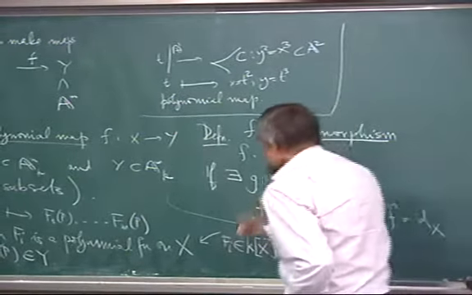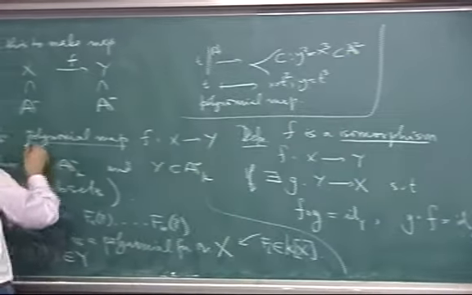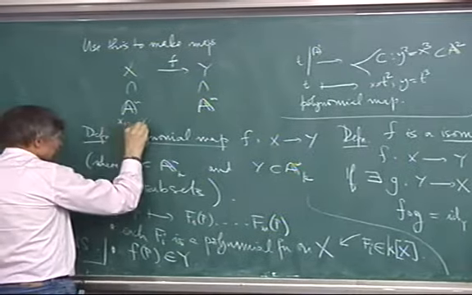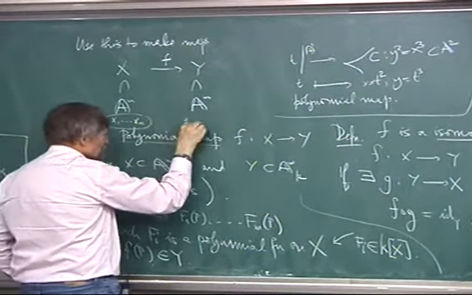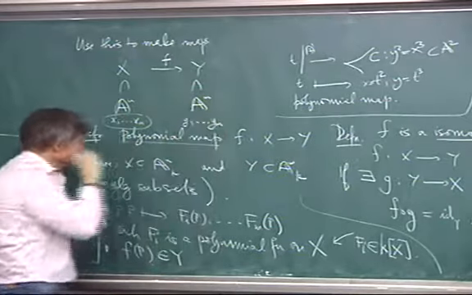So let me say I'm going to think of x1 up to xn here as being functions here, and y1 up to ym as being functions there.